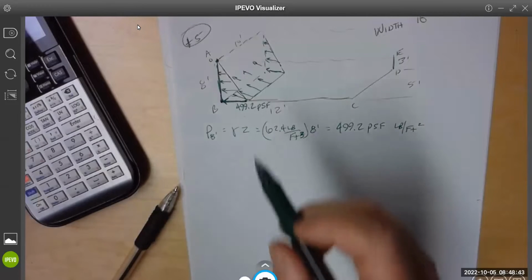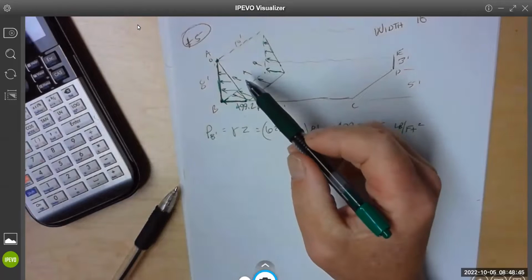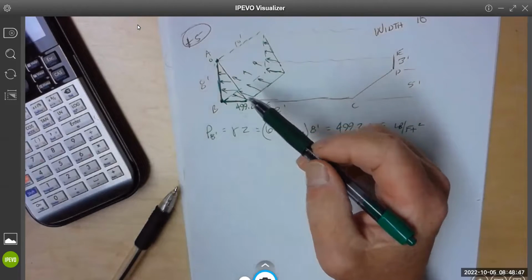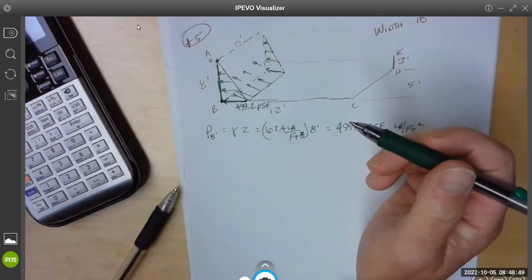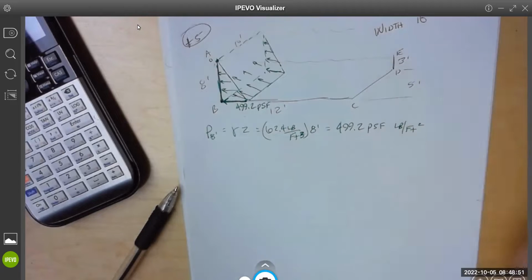So to get the hydrostatic force and the location of that concentrated load, how do we do that? Anyone remember from statics and strengths? The concept is to center that load shape.